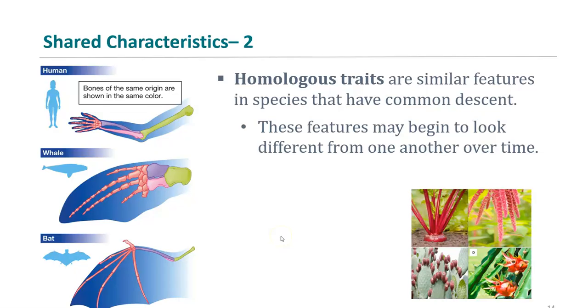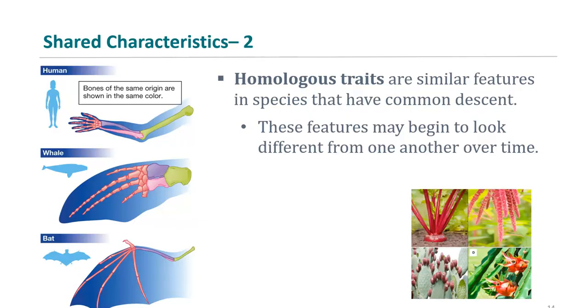So as I was talking about, the whale, humans, and bats, right? So we've got the human, the whale, and the bat here. And it's showing the limb structure for these organisms.